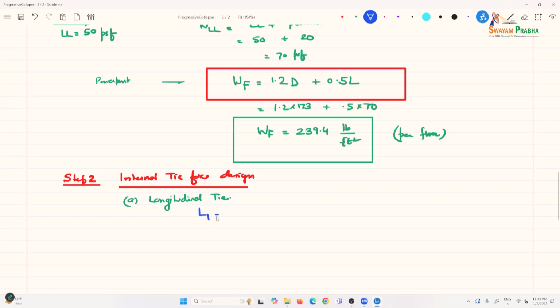So, L1, which is LL, is 24 feet. We have seen LL is 24 and LT is based on the transverse direction. So, the force F1 is given as 3 WF LL. This is from the UFC, from again the PowerPoint.